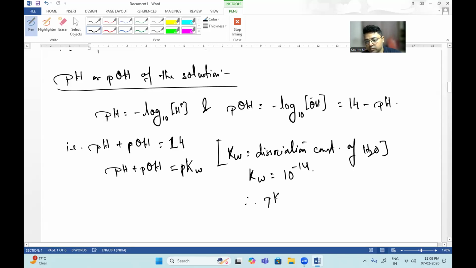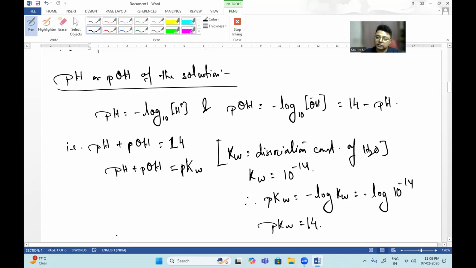So pKw equals the negative log of 10 to the power minus 14, and pKw equals 14. Understood? This is how we can say.